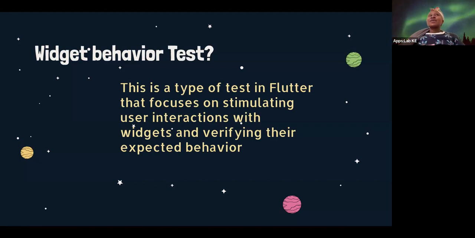I feel like it's more like an integration test from what we did last session, but now we are mainly focusing on a particular widget. For example, we want to see, does a particular button give the expected outcome? If it's supposed to just tap and then have a pop-up screen, does it give us whatever we want? So that's the widget behavior test that we are trying to dig deep into.